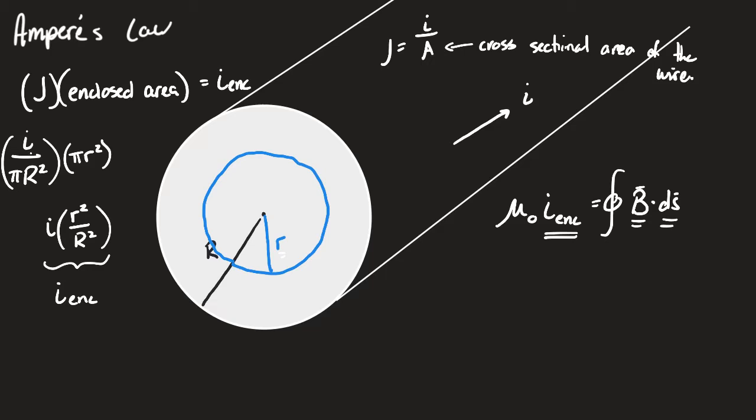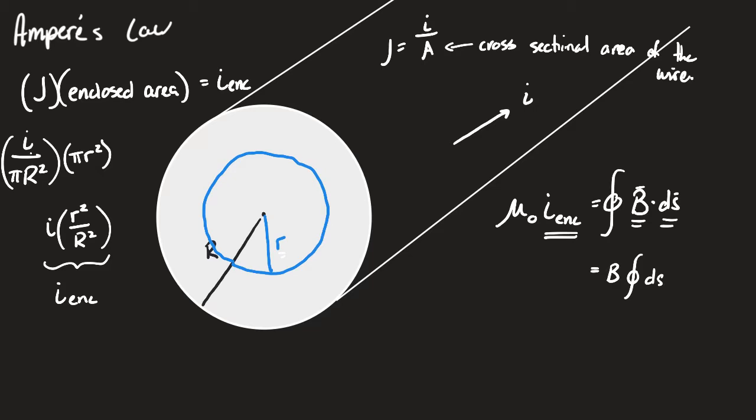So we do that by exploiting symmetry in our problem, drawing the loop in such a way that it's centered and concentric with the center of our wire, and then turning this directly into a pretty straightforward integration that will give us a circumference.